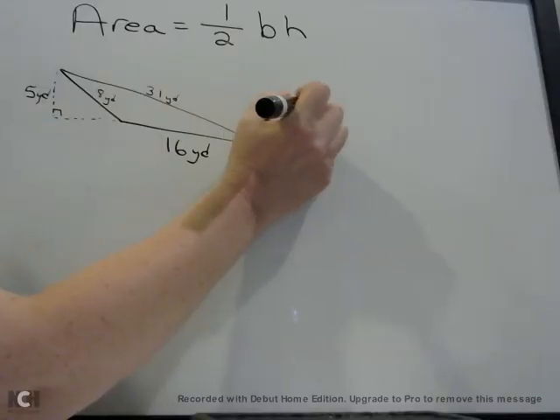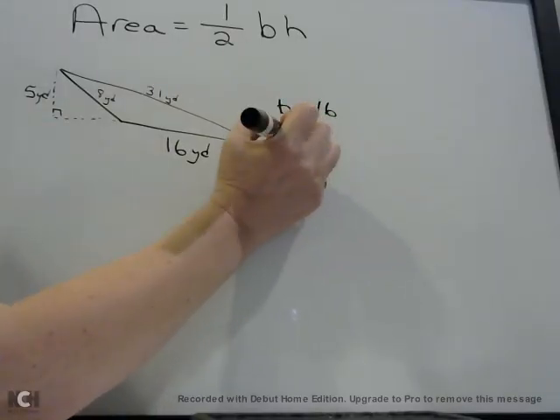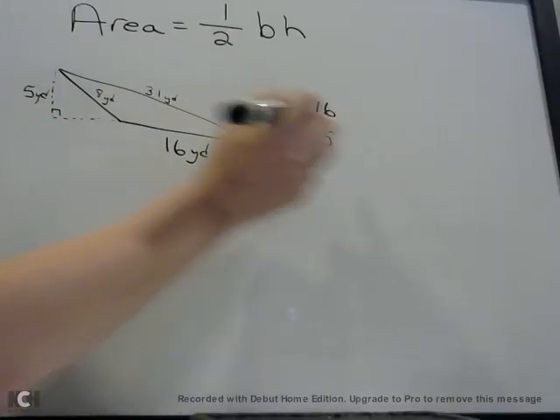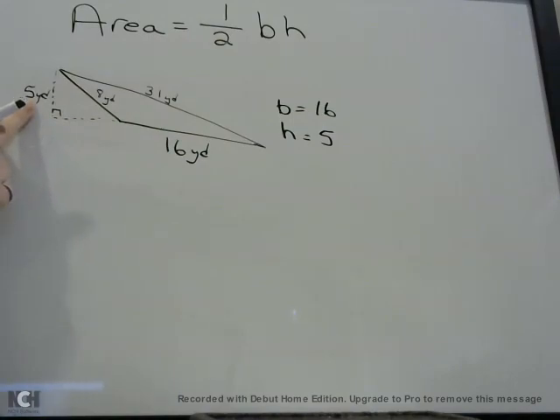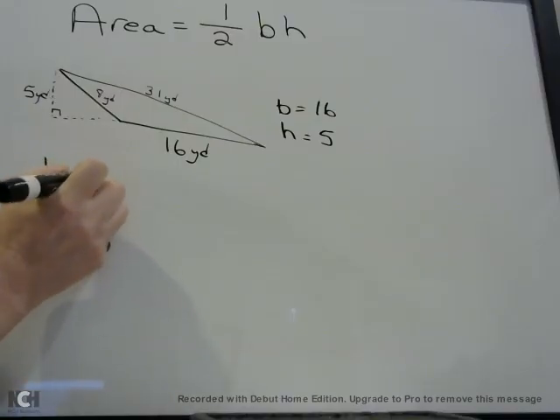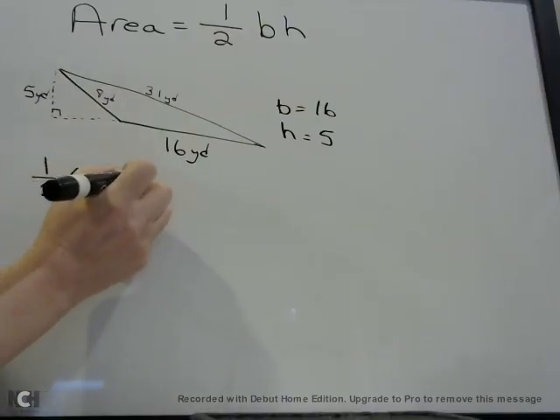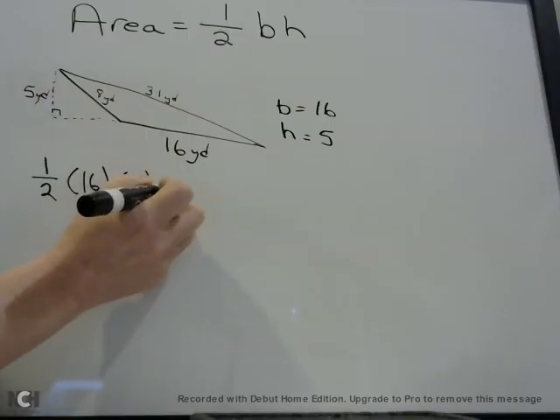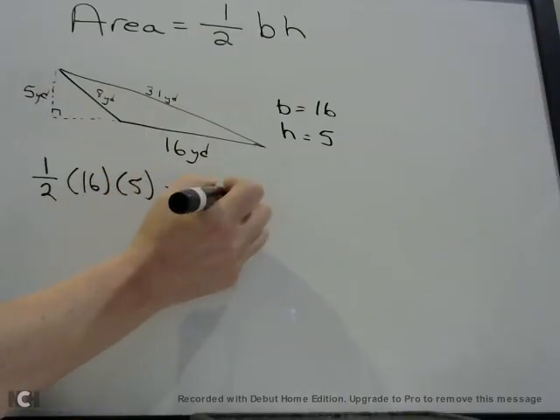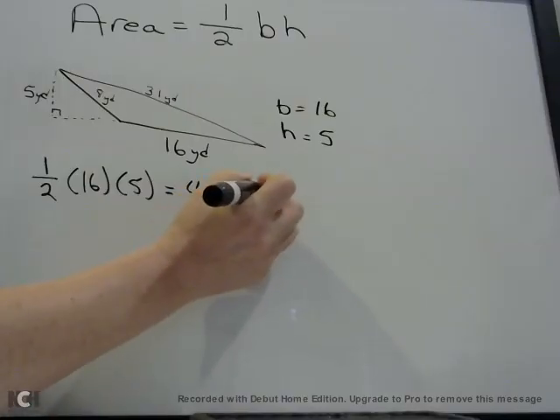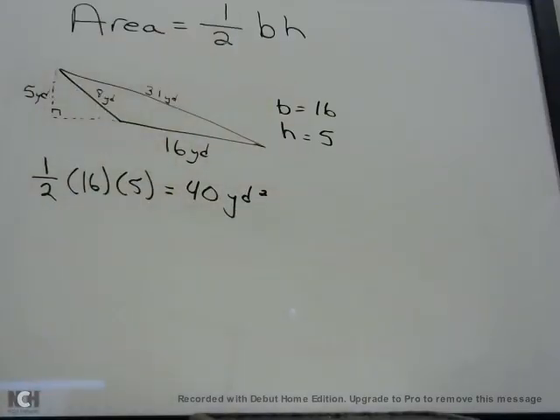So here we have our base is 16, our height is 5, because we're using this. And the way they'll show that is through these dotted lines. So the area, 1/2 times 16 times 5 equals 40. 40 yards squared is the answer to that.